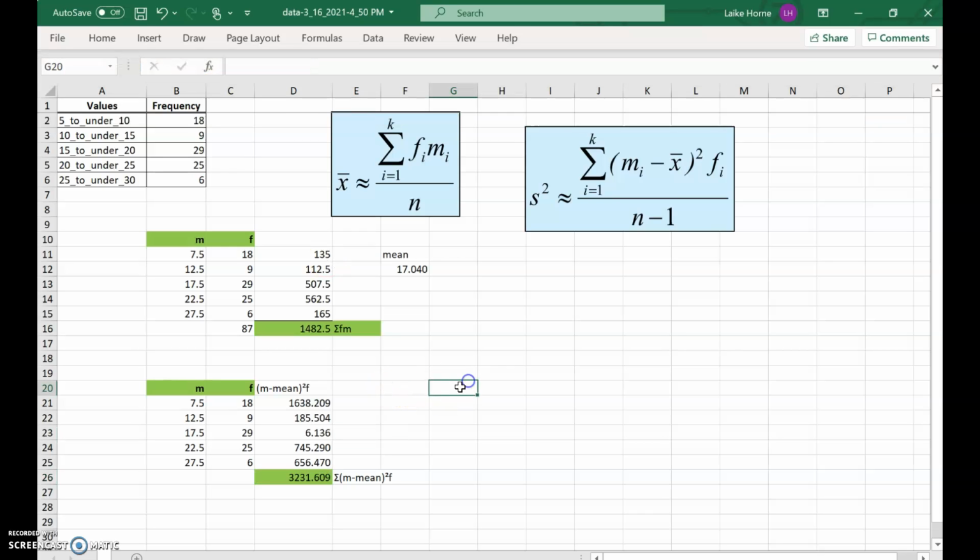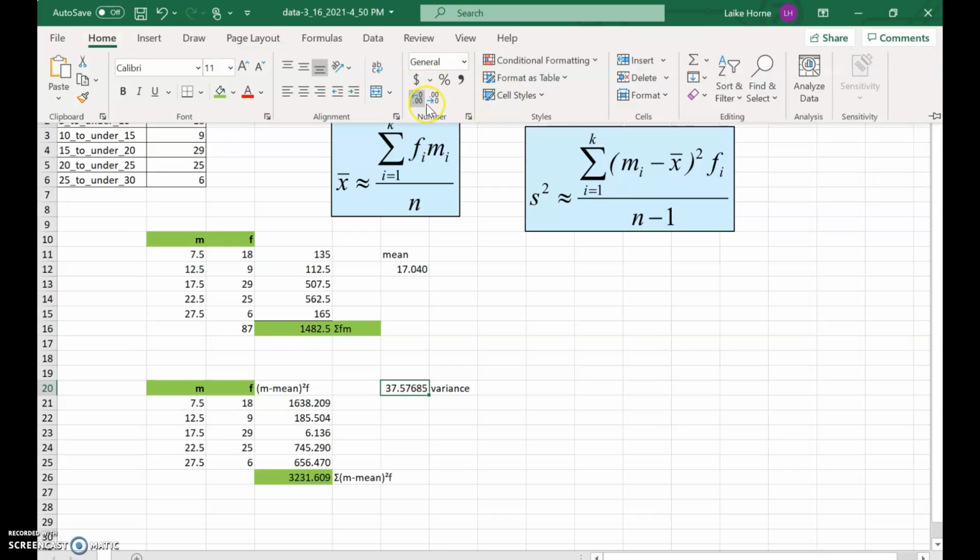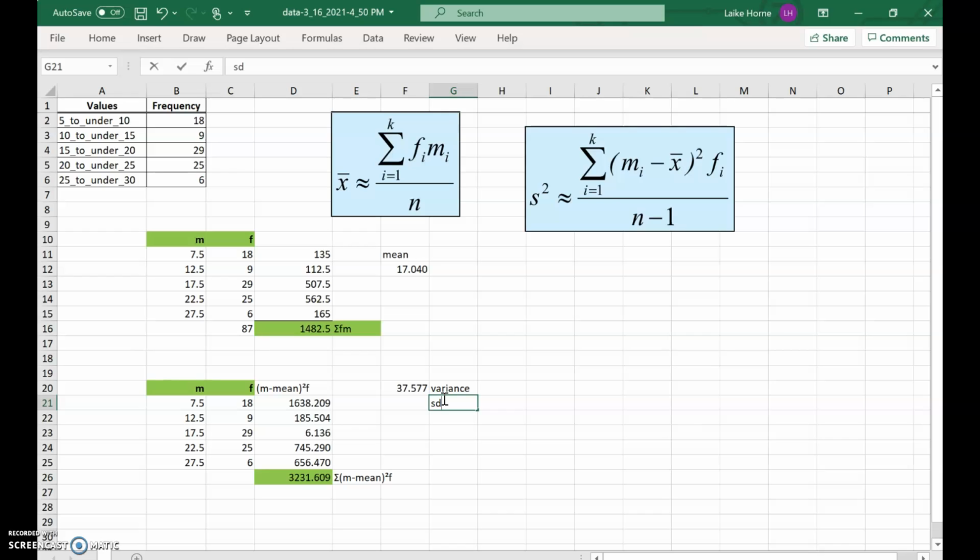So to get my variance, it says all of this, which is this number right here, divided by n minus 1, and n was 87, so n minus 1 would be 86. So then we're going to round this, because it said to round to 3 as needed. So the standard deviation is going to be the square root of the variance.